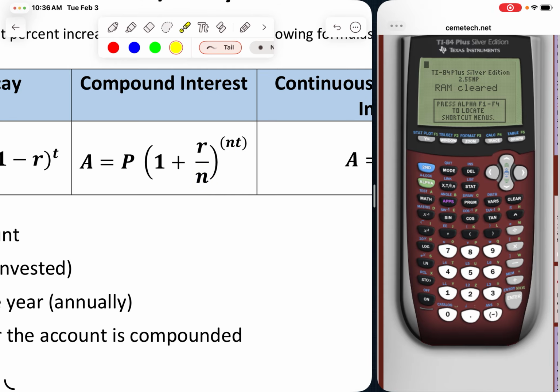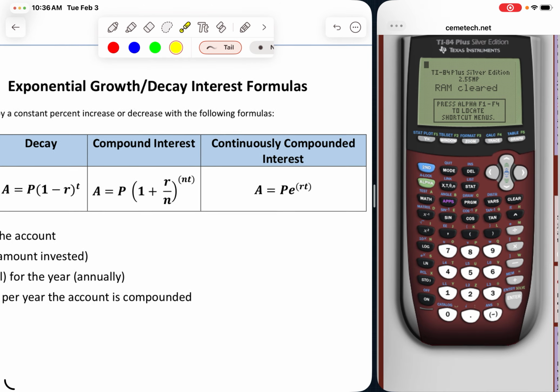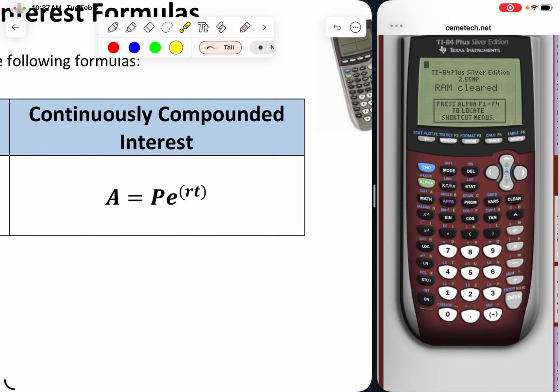If it is compounded monthly, we would divide our rate by 12 and multiply our time by 12. If it is compounded daily, then we would divide our rate by 365 and multiply our time by 365. Notice it is the same formula as the previous one, except we are dividing our rate and multiplying our time by that compounding.